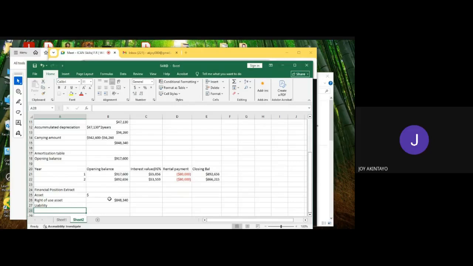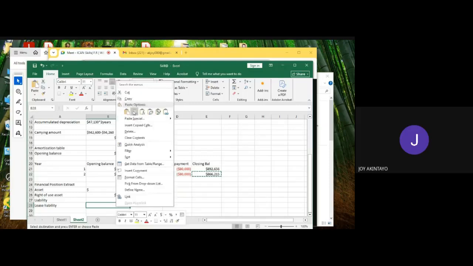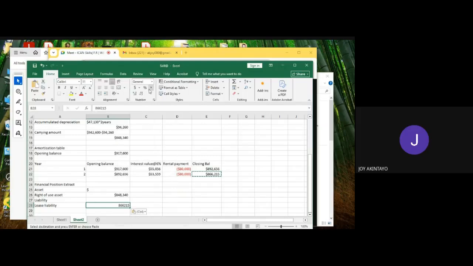It will just be a lease liability. So we have a lease liability. What is our lease liability? This is the value we have. That's our lease liability. Did you get it? So that's our extract.